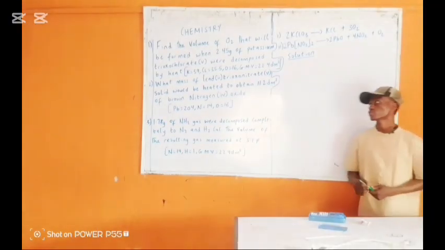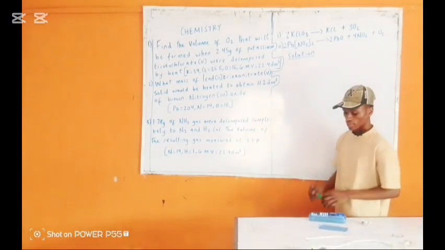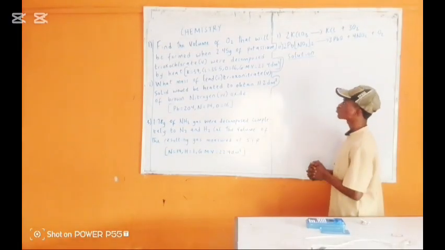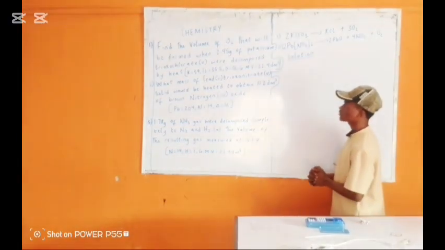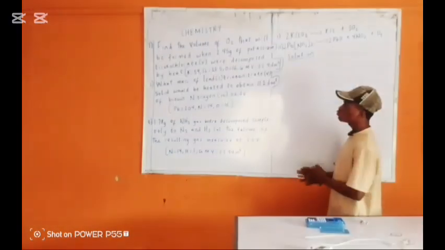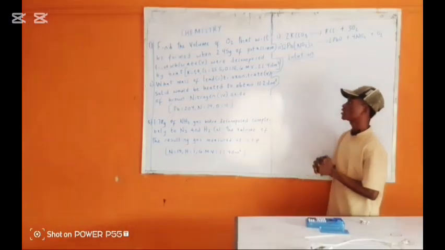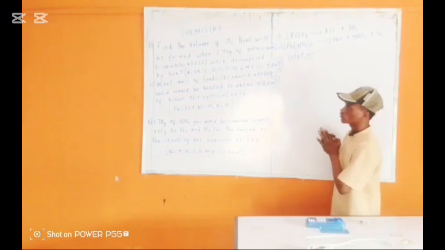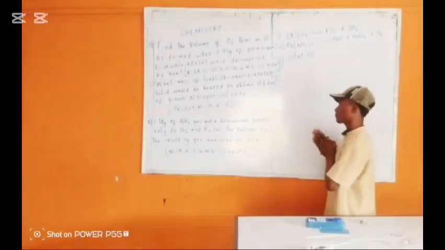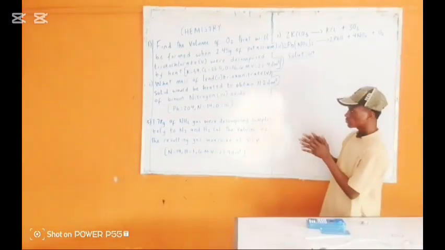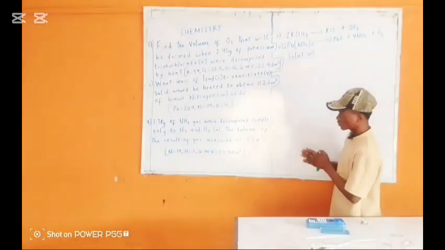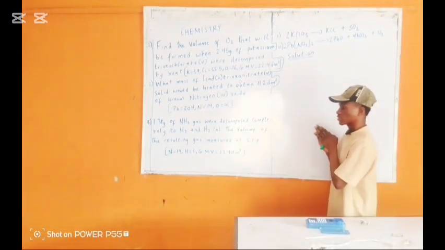For number 2 now, number 2 says that what mass of lead 2 trioxonitrate 5 solid would be heated to obtain 11.2 dm cube of brown nitrogen 4 oxide. Lead is 204, nitrogen is 14, while oxygen is 16.